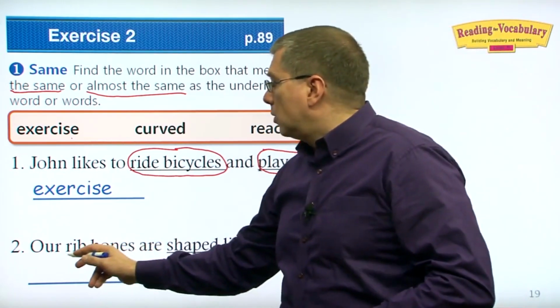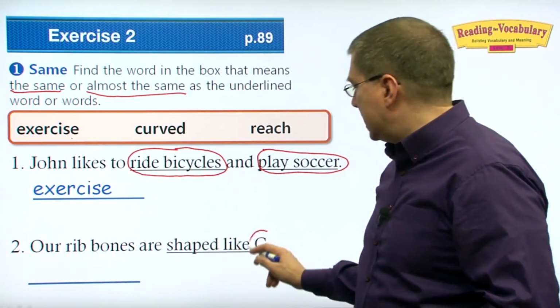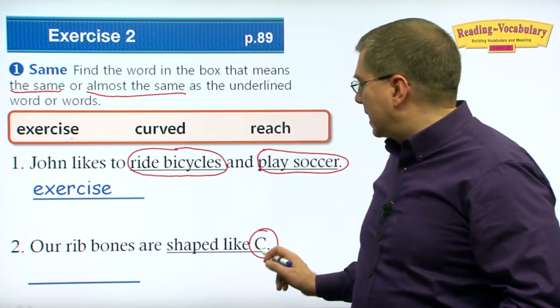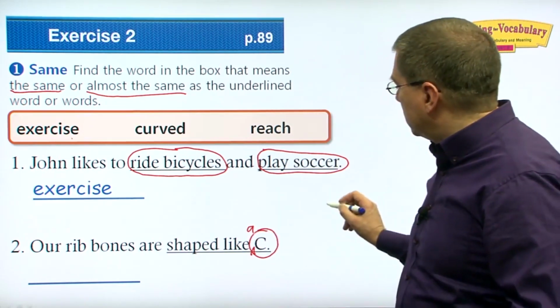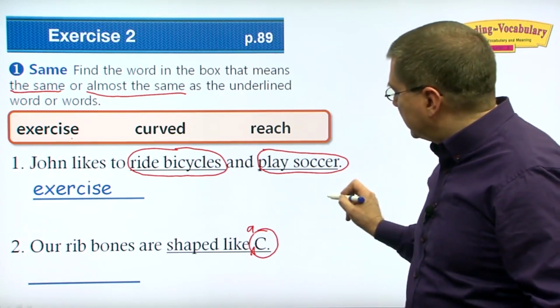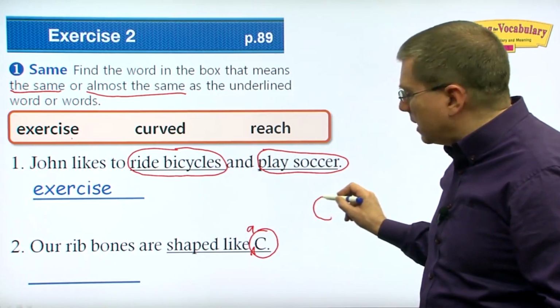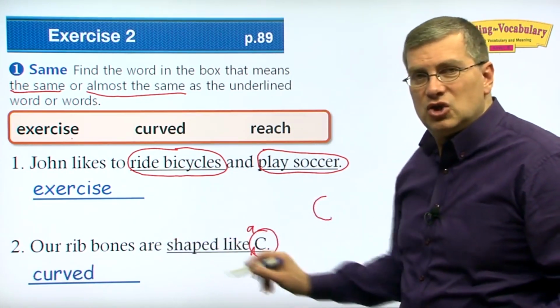2. Our rib bones are shaped like C. Like C, like what? Like a C. In other words, our rib bones, if you look at a C, the letter C is like this. So it's not a straight shape, right? What is it? It's a curved shape.